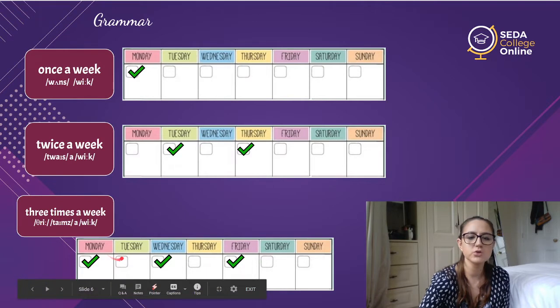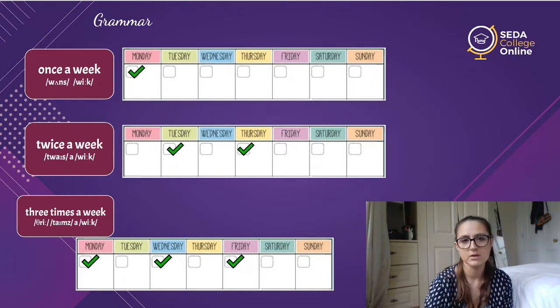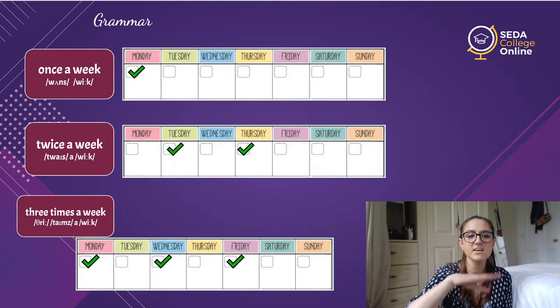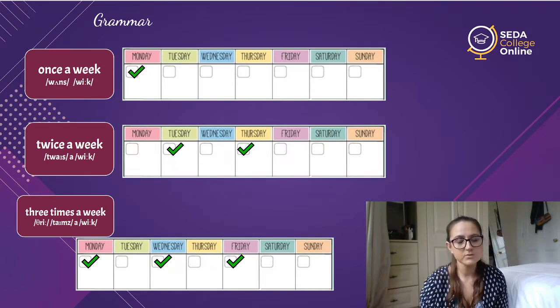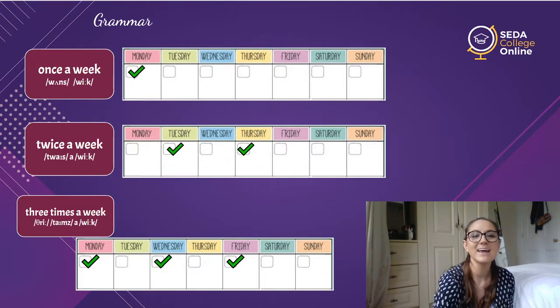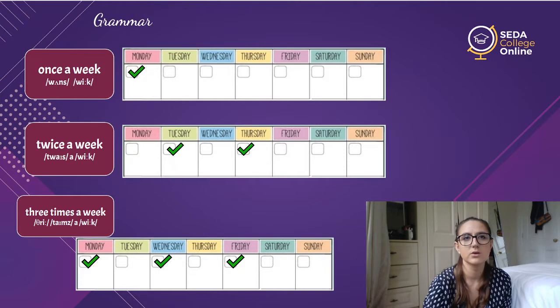It can be Tuesday, Thursday, Saturday. It just needs to happen only three times, or two times, or just one time. So once, twice, three times. And you can say even more: four times, five times, seven times, eight times. Well, seven, because the week only has 7 days.